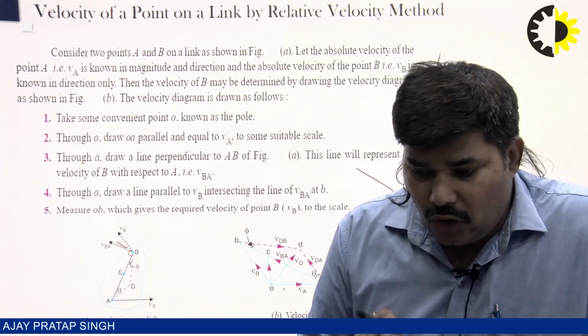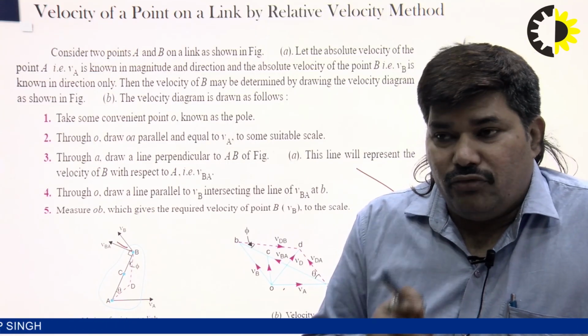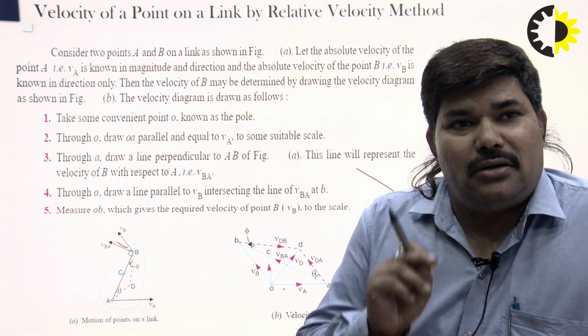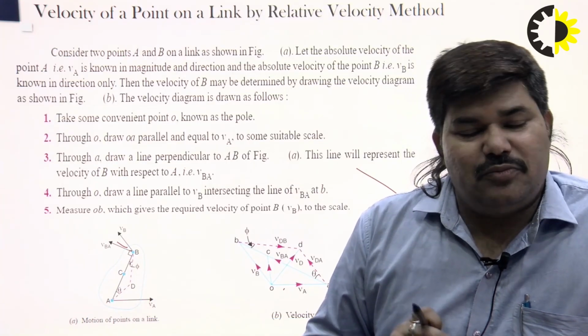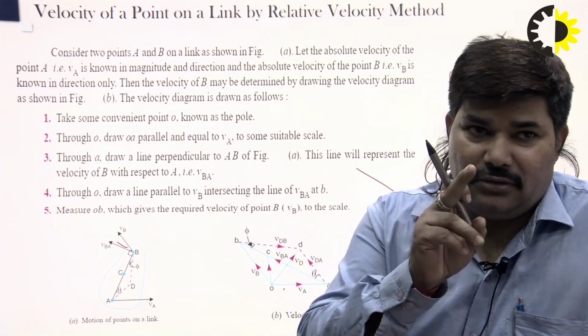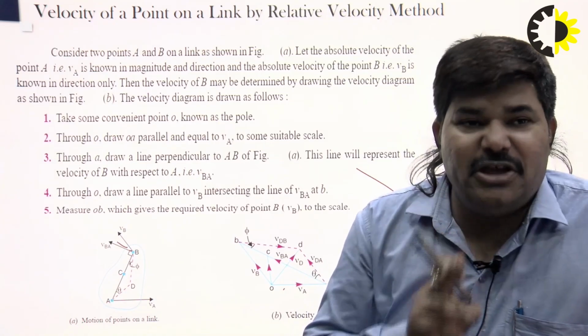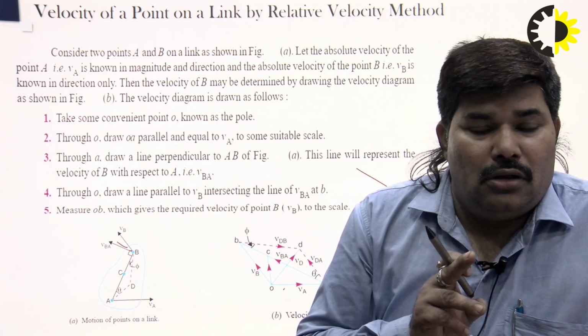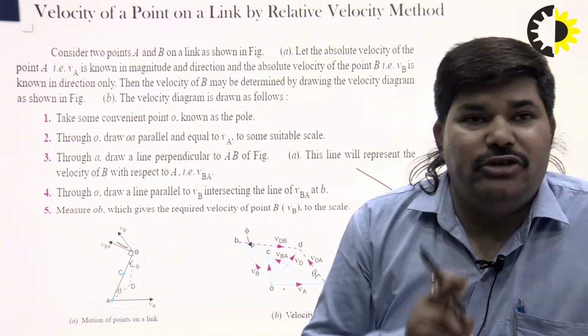Now, we have only the direction of the velocity of B, which is known.